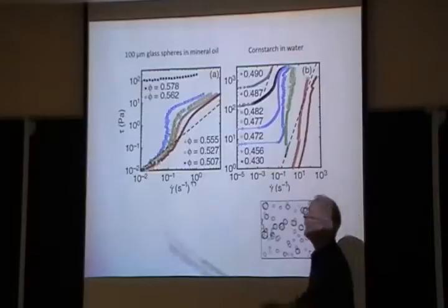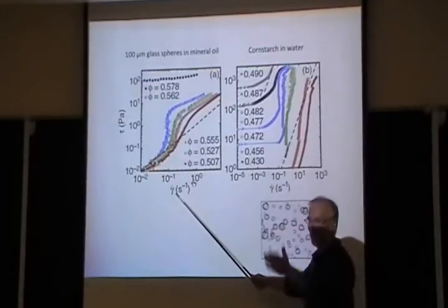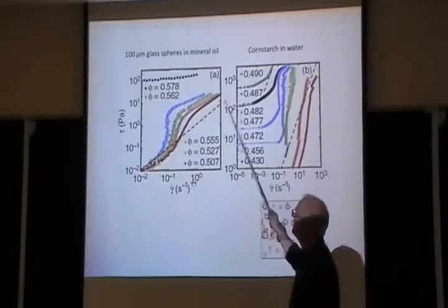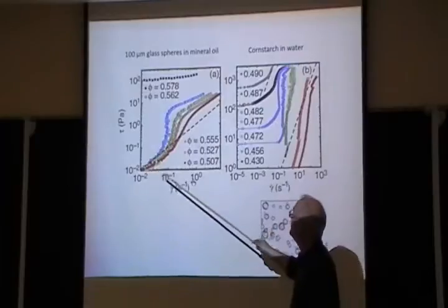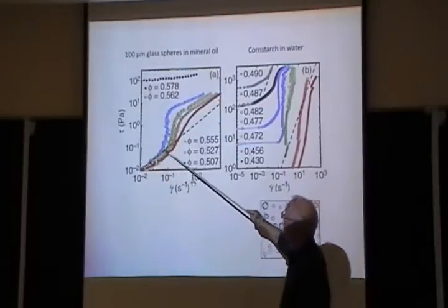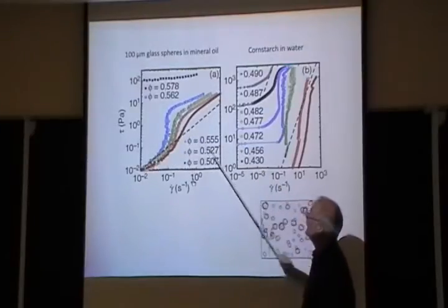So here is stress versus shear rate. As stresses come up, this would be a Newtonian type fluid here, slope 1, and that would be viscosity, just the ratio. And then there's shear thickening, and then it goes way up. And this is for different concentrations.